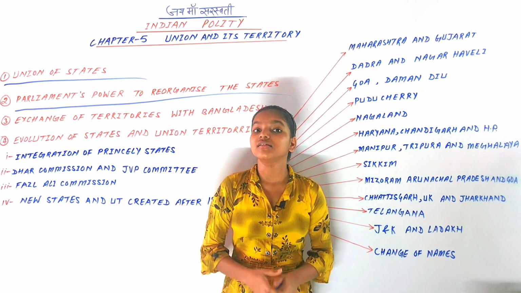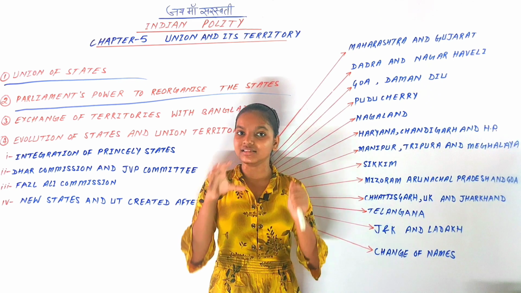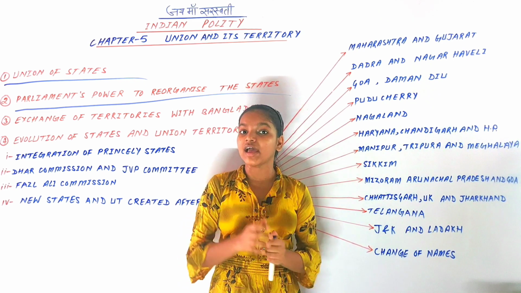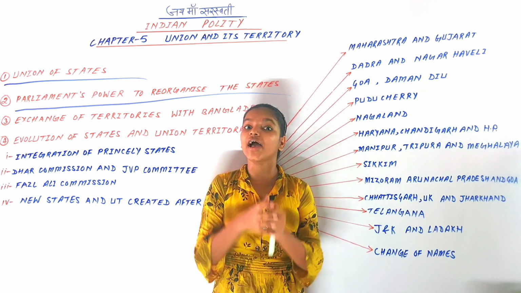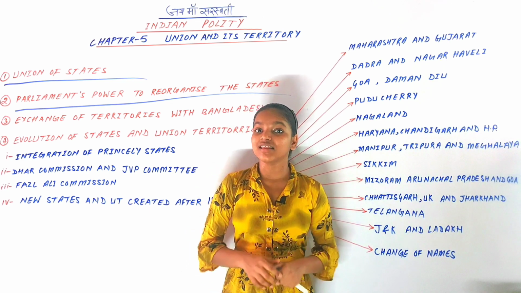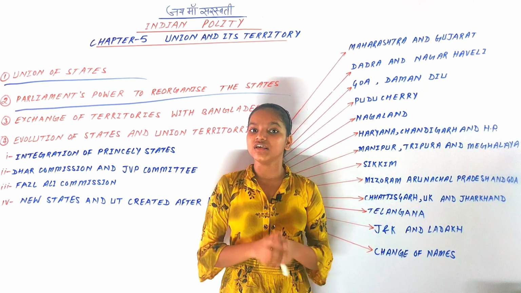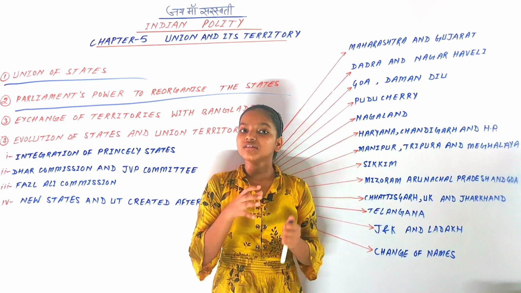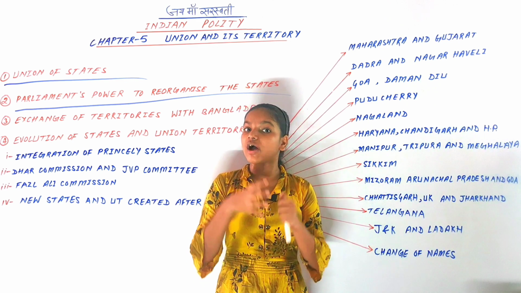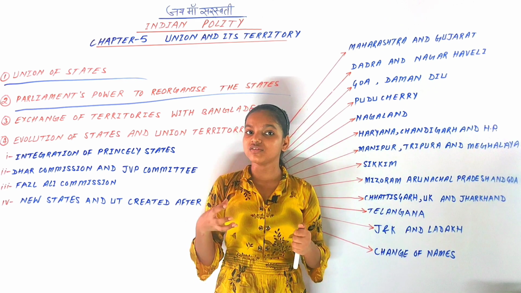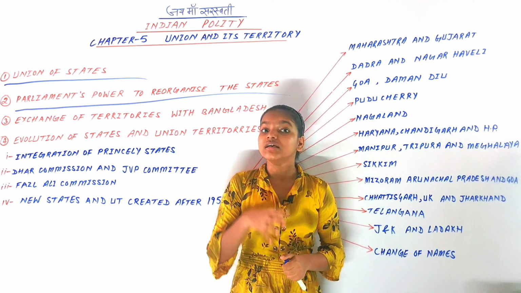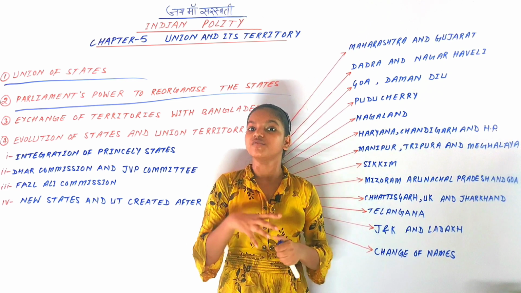It can make a new state in India by these means. Second, it can diminish the area of any state. Third, it can increase the area of any state that exists in India. Fourth, it can alter the boundaries of any state between two or more states. And fifth and last, it can alter the names of the states.